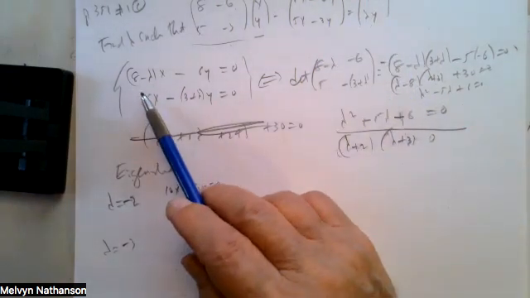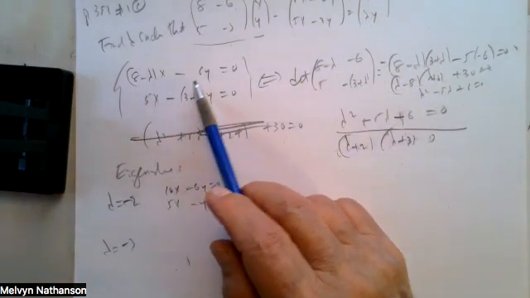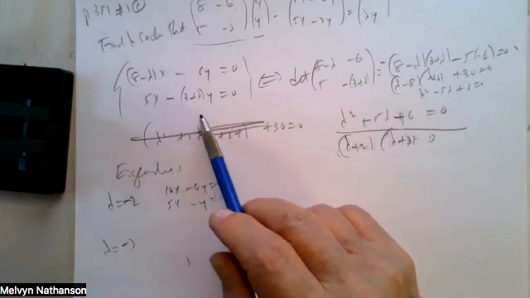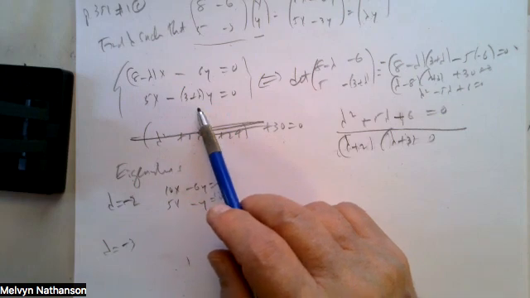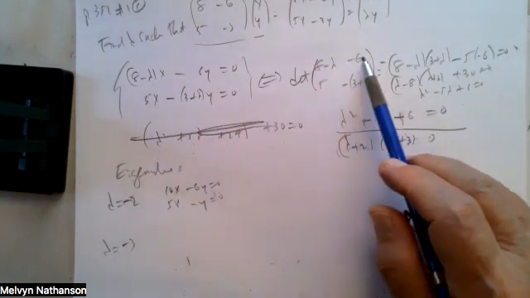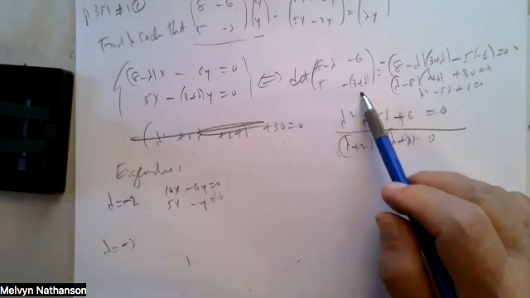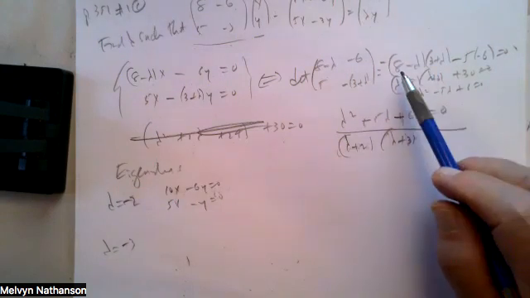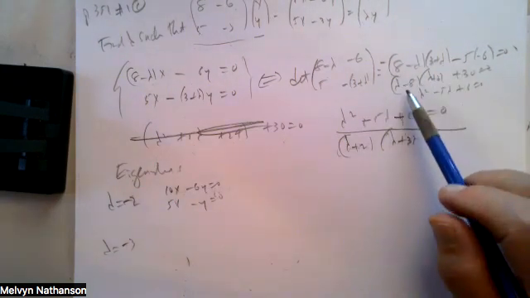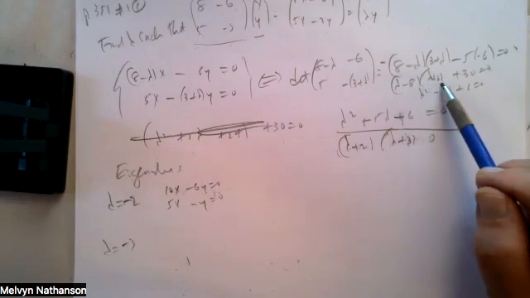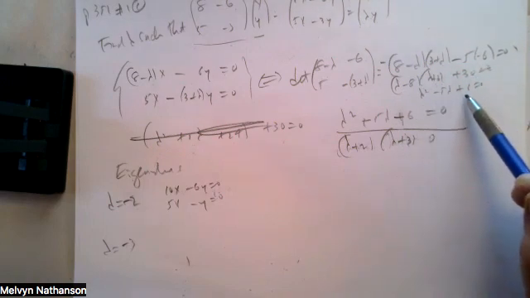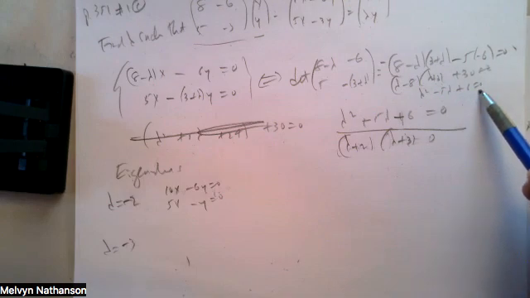So it's (8 - λ)x - 6y equals 0. 5x - 3y - λy, or (-3 - λ)y. So this is 8 - λ, -6, 5, -3 - λ. The determinant is (8 - λ)(-3 - λ), which is (λ - 8)(λ + 3) plus 30. λ squared minus 5λ plus 6 equals 0.